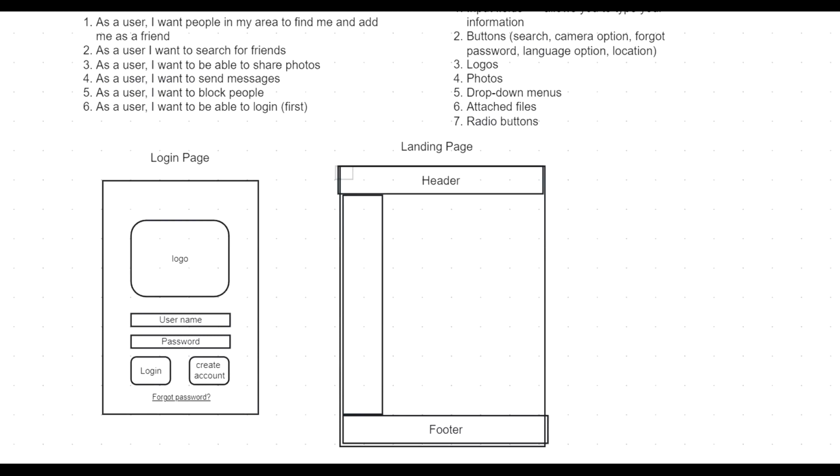Wireframe design image. I can just find this really quickly before we go on to our lab. All right, here's a great example. So just copy and paste this image into the whiteboard.